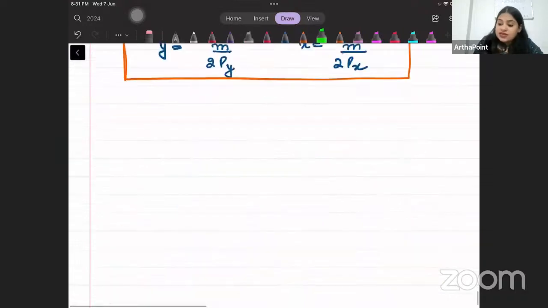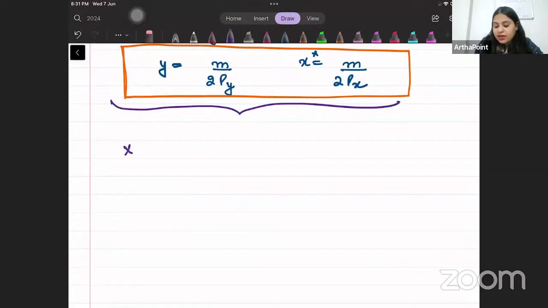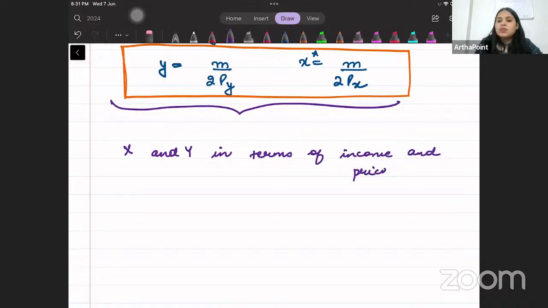Now, when you find X and Y in terms of income and prices, this is called Marshallian demand.